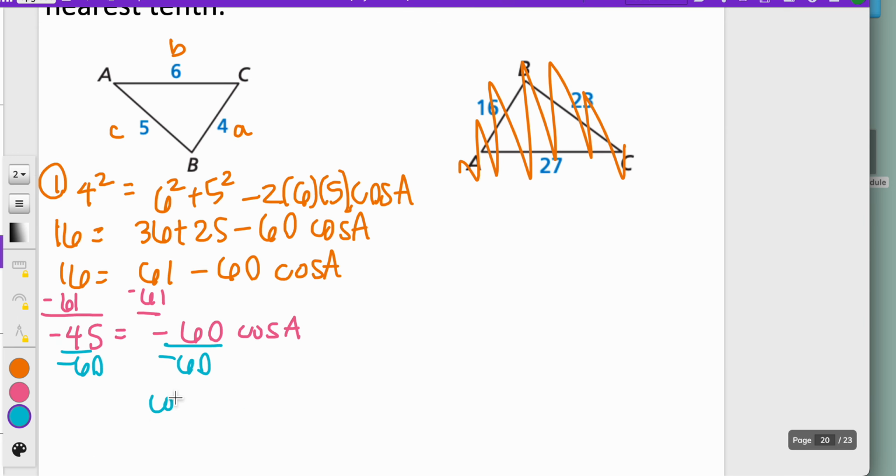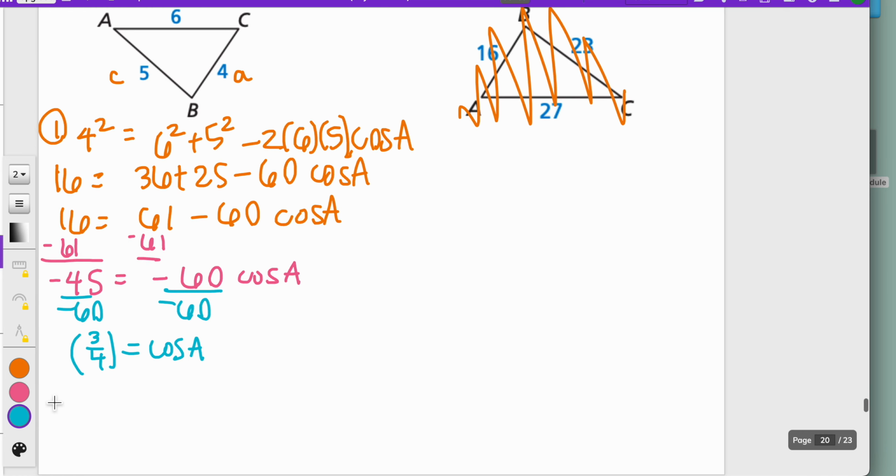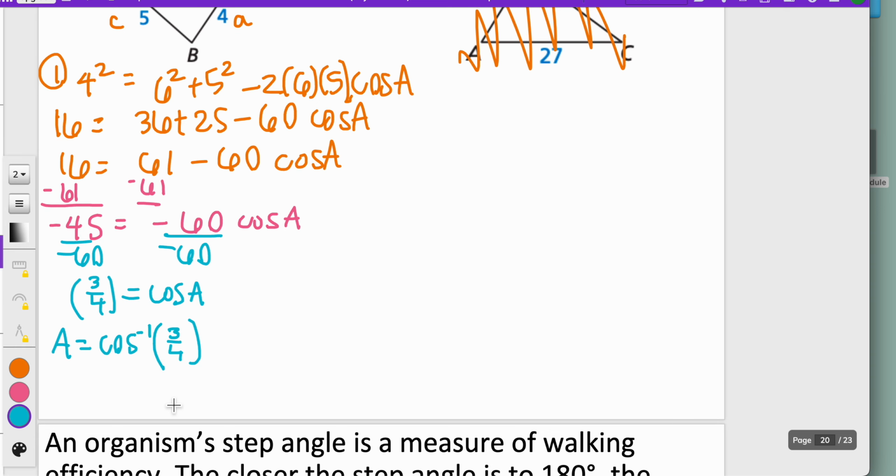So cosine of A is negative 45 over negative 60, which is 3/4. Which then means A is the inverse cosine of 45/60 or 3/4. You're going to type that into your calculator, 0.75 inverse cosine. You're going to get A is about 41.4 degrees.